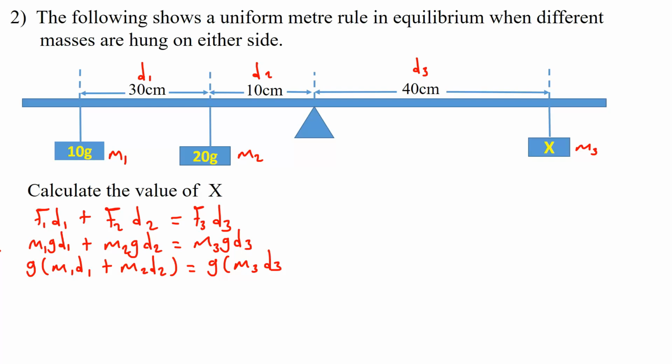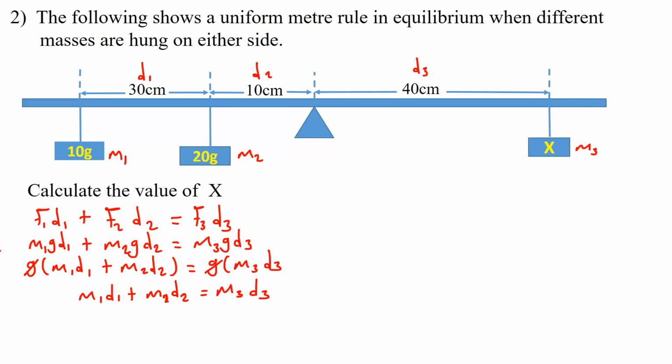Now we can cancel the g on this side and the g on the other side, and what will remain is just M1 D1 plus M2 D2 equal to M3 D3. Now we can get the data that we have on top there on the diagram and replace it in this equation.